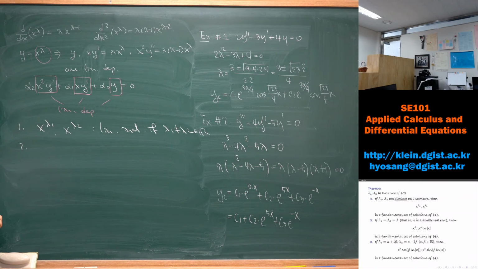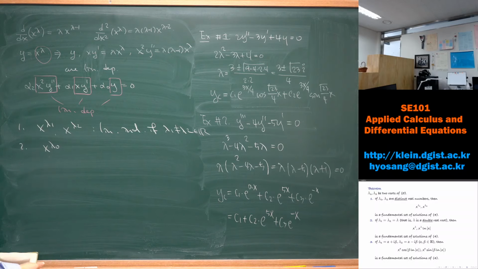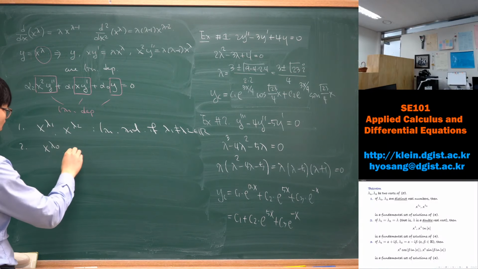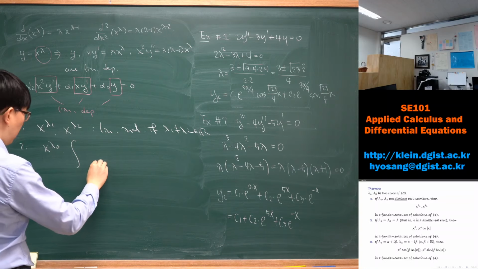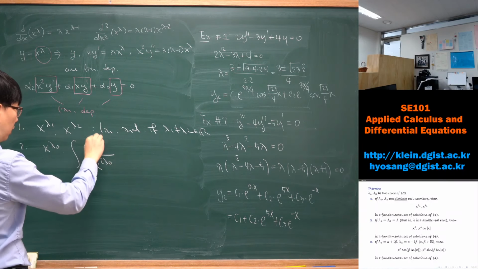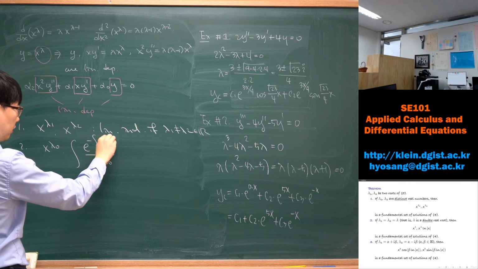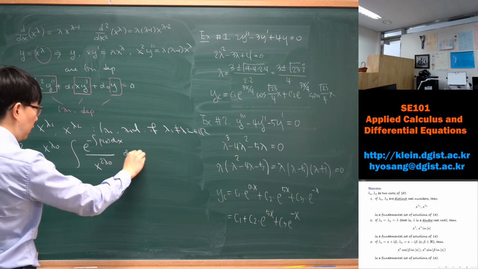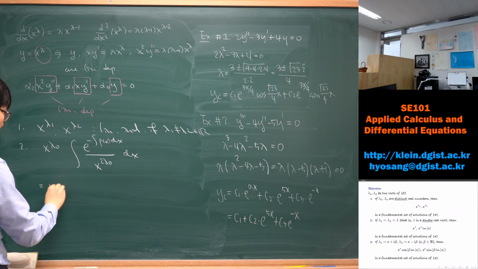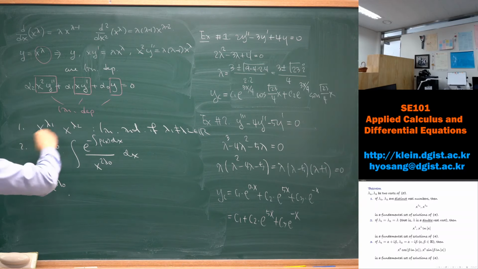And for the second case, we use reduction of order, because we know that lambda 0 is one root and the second root is the same as lambda 0. So we take the reduction of order, which is x to the lambda 0 times the integral of e to the negative integral of p(x) dx, and dx. But what's p(x)?